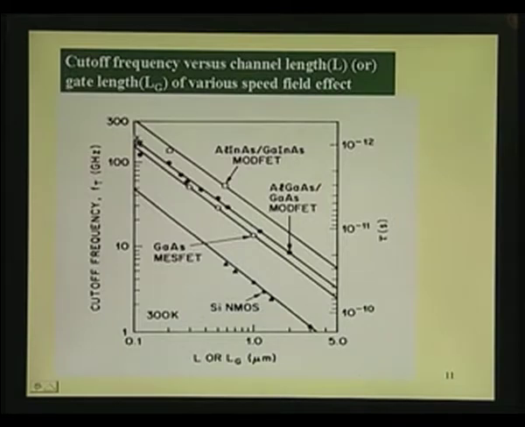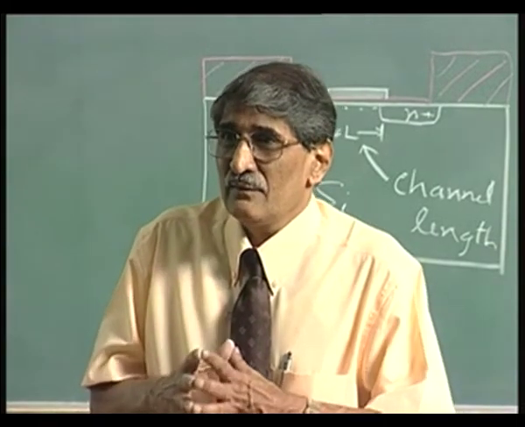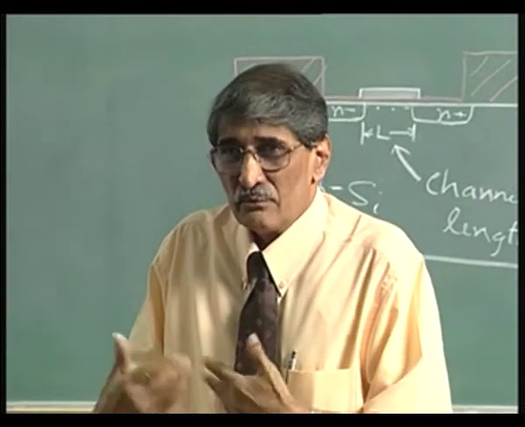That is by changing the material. So, ultimately now you see we have come from the circuits to the devices, then from devices we found now you have to go to new materials, different materials. This is the theme of high speed circuits. Finally, you have to go to better materials.